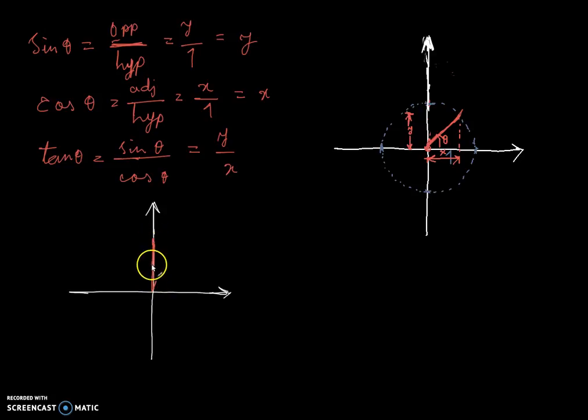the angle that you have is pi by 2. If you have pi by 2, in this case theta is equal to pi by 2, r is equal to 1, and x is equal to 0. So if you were to calculate tan theta, you would need y, and your y value is equal to 1 as well, because the whole thing is just this line over here.